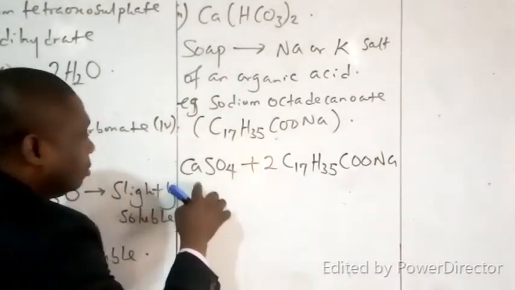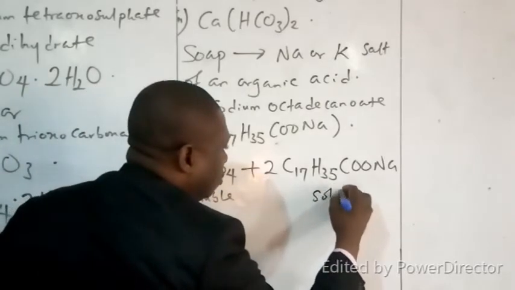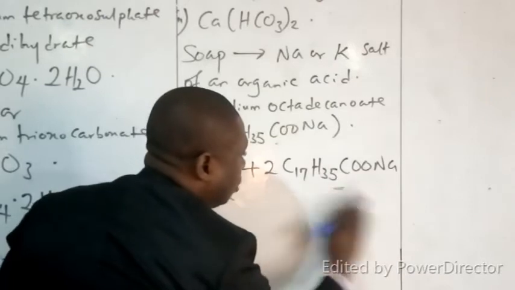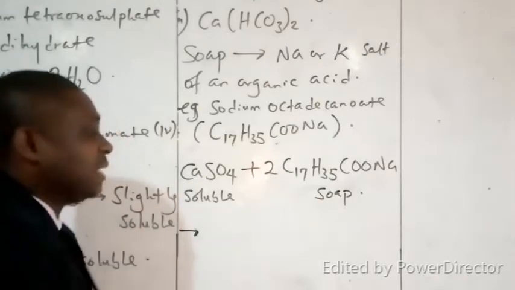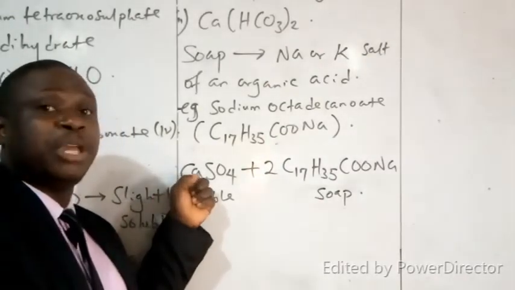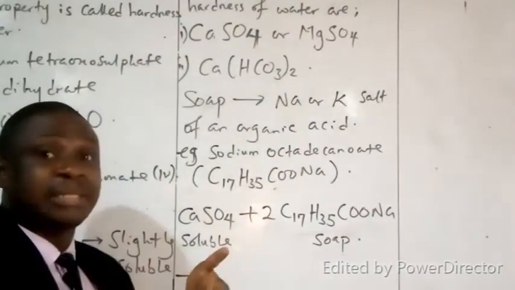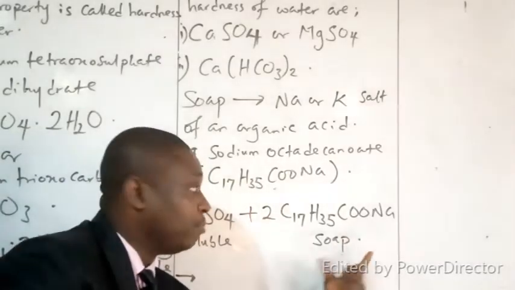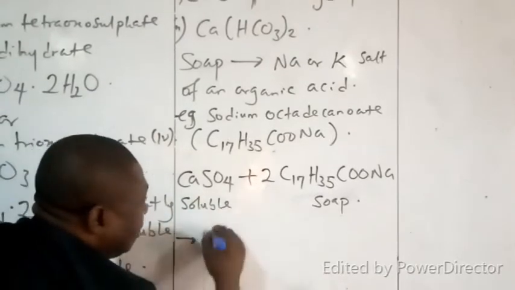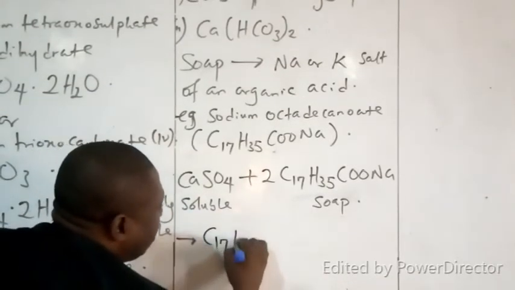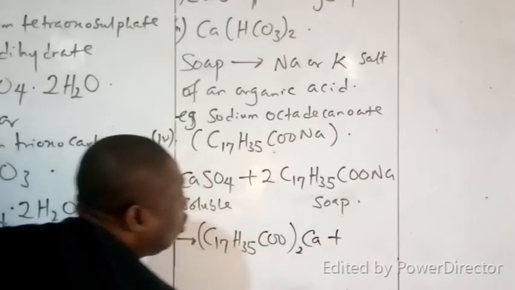When you add your soap to water, this one is initially soluble, and this is also soluble, and it's also your soap. So let me just write soap instead of sodium. Now, the essence of this is that we want to replace the calcium ion or the magnesium ion that causes hardness of water. Immediately you are able to remove that, lather will form. So if you replace that with sodium, you are going to have the next compound as C17H35COONa.